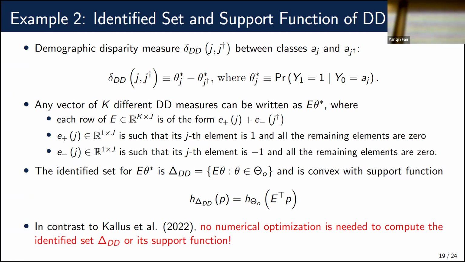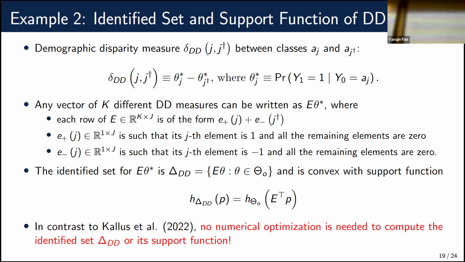And so from the identified set of theta star, we get immediately the identified set for any collection of DD measures. And also this one is nice because the measure is a linear transformation of theta. So we can also derive the support function for the DD measure, and this is all very easy. So there's no numerical optimization needed at all.